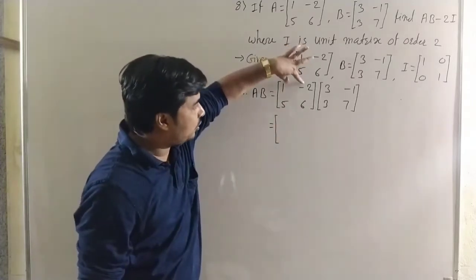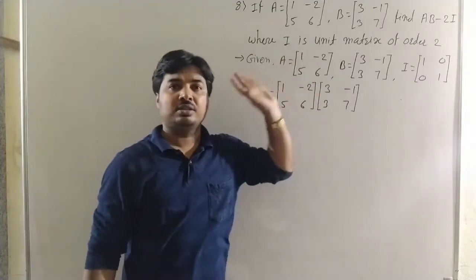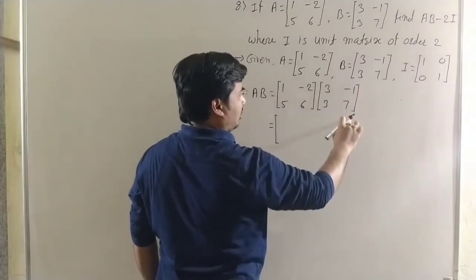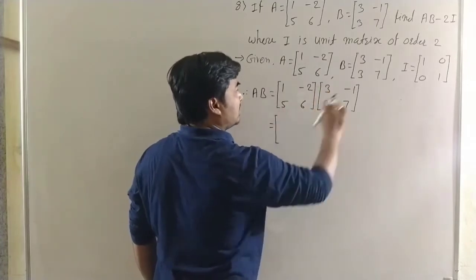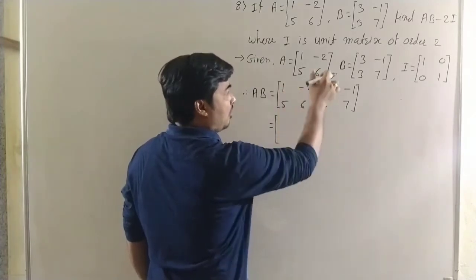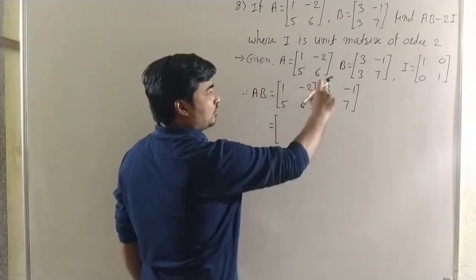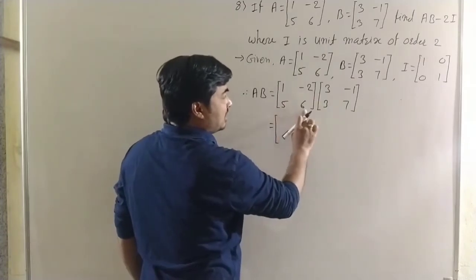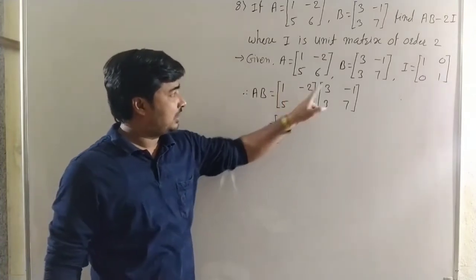That is first row first column, then first row second column, and then second row first column and then second row second column. That means first we multiply the first row with all columns in the matrix B, and then we multiply the second row again with all columns of the matrix B.